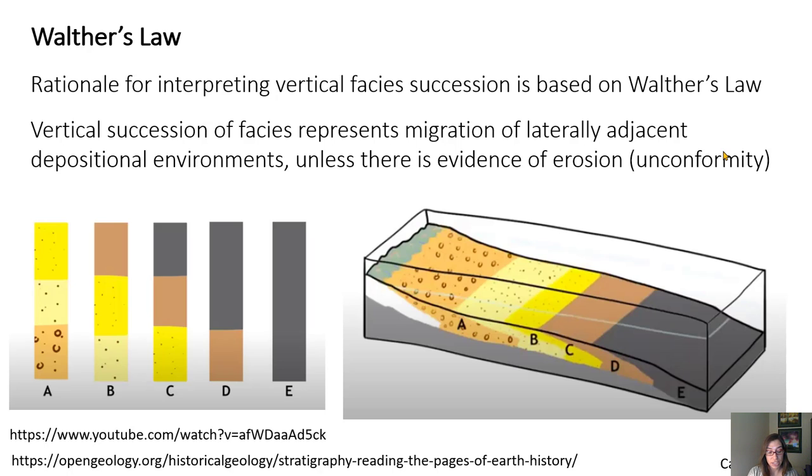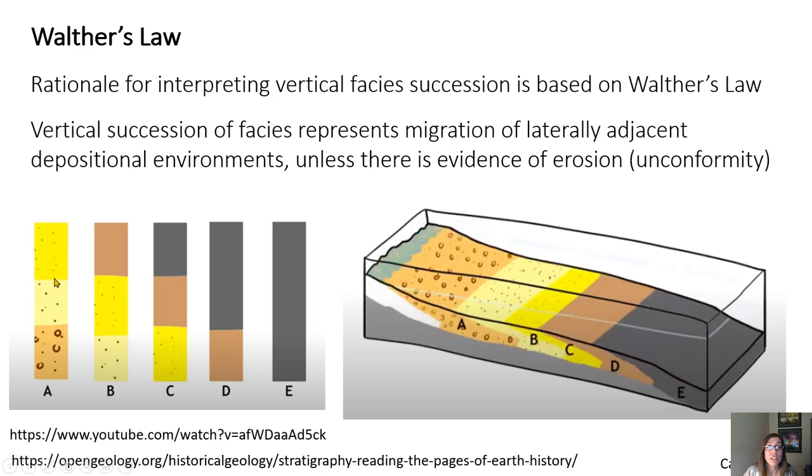One way that we understand how different rocks and sediments relate to one another is Walther's law. Walther's law is a rationale that we can use to interpret vertical facies successions. What does that mean? That means if you're at the beach and looking at an outcrop, or if you're looking at a core, the way the rocks stack up on top of one another, that's the vertical facies succession.